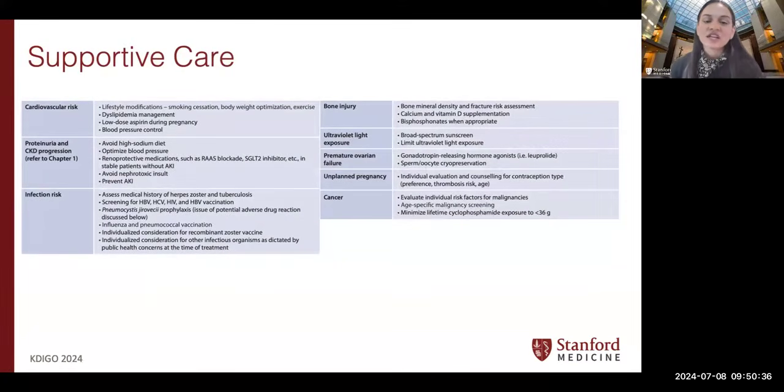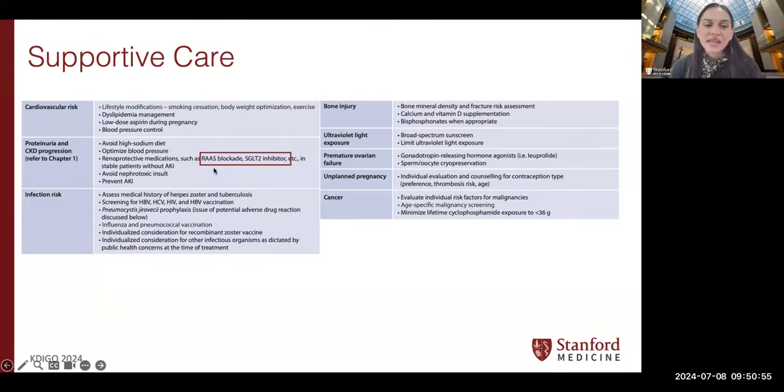In general, supportive care for any patient with kidney disease is to make sure that we control their blood pressure, number one. A lot of these kidney diseases will have high blood pressure. My patients will show up with a blood pressure of 140/90. I want to try to get that below 130/80, maybe even closer to 120/70.